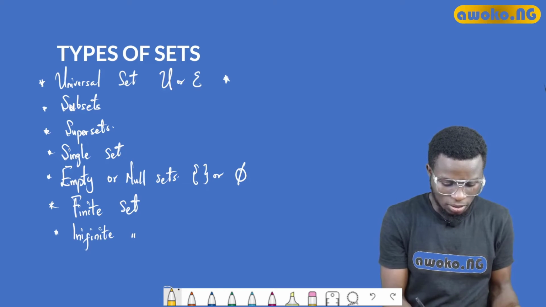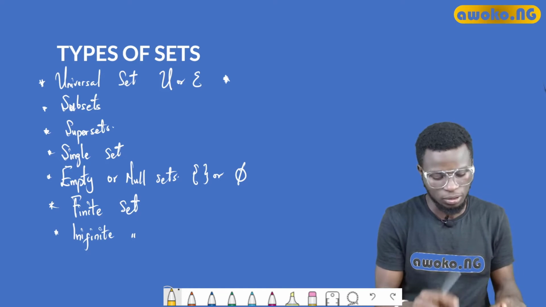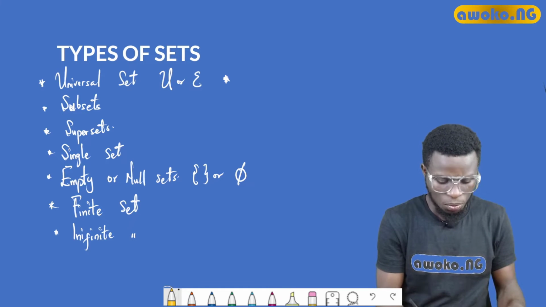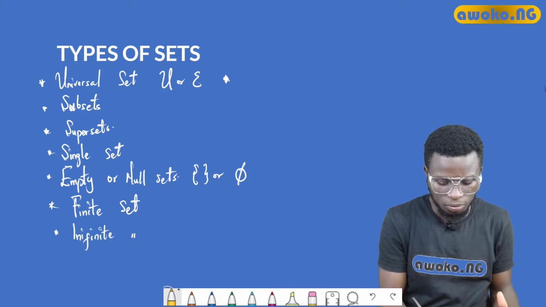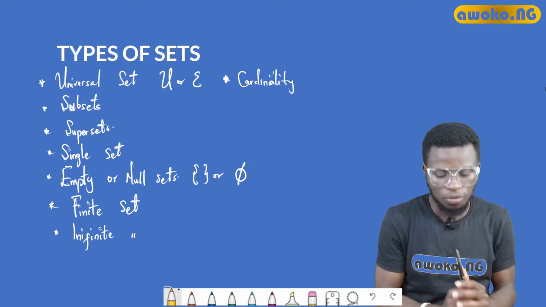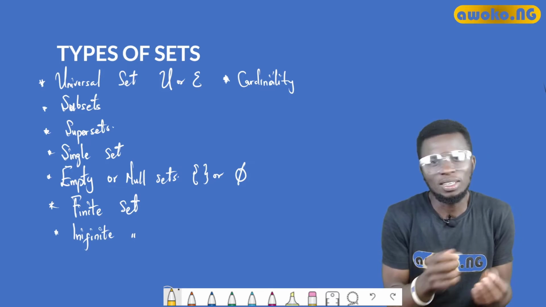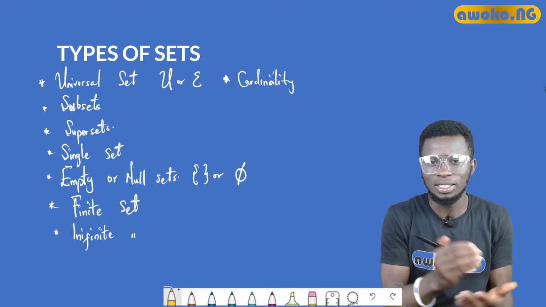Let us consider, I said I will just do a run through of the types of sets. We have what we call the cardinality of a set. And what is the cardinality of a set? It's simply the number of elements that can be found in a particular set.